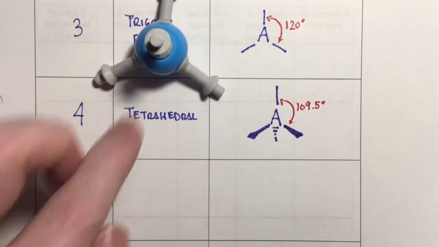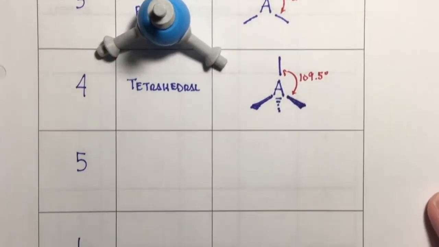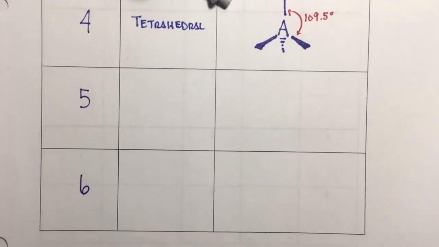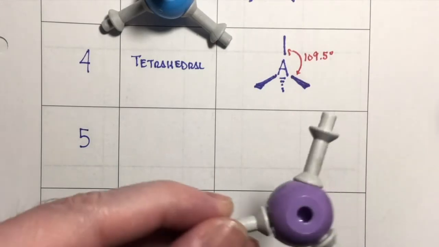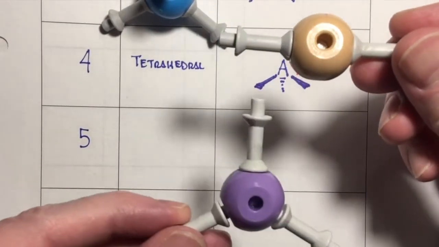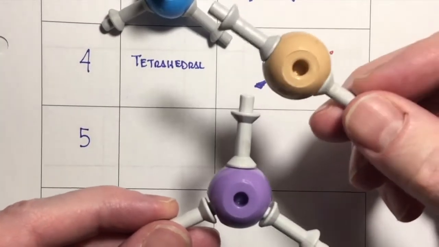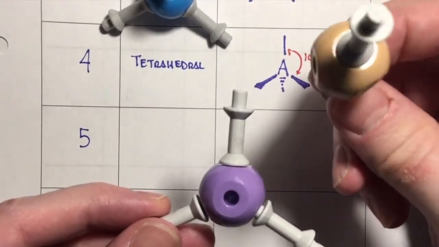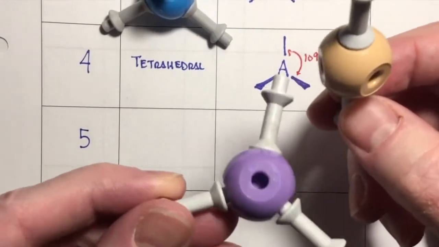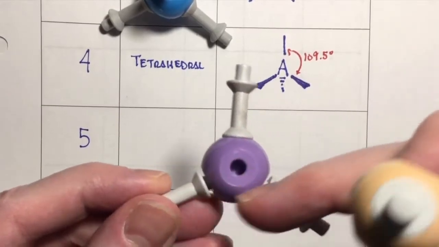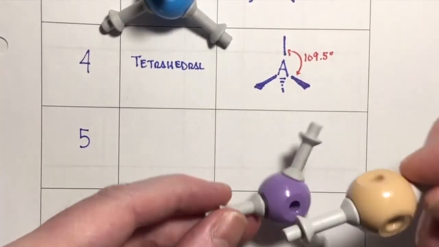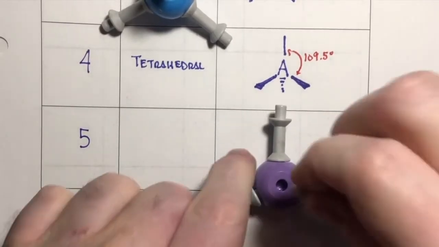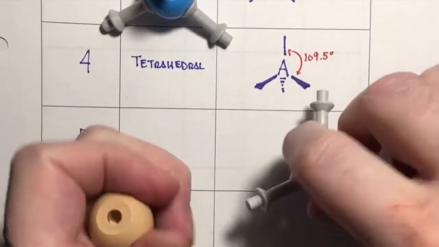Tetrahedral electron geometry. Moving on to 5 electron domains. 5 electron domains is basically a combination of the 2 and the 3. So now we're going to take the 2 and it's going to be up and down, and we're going to take the 3 that are arranged equidistantly. I'm going to take these 2 and make them up and down.